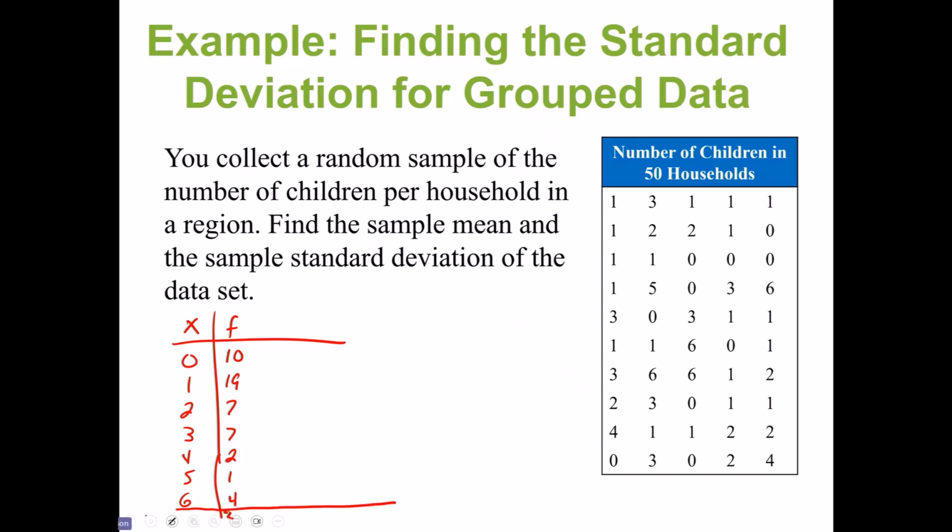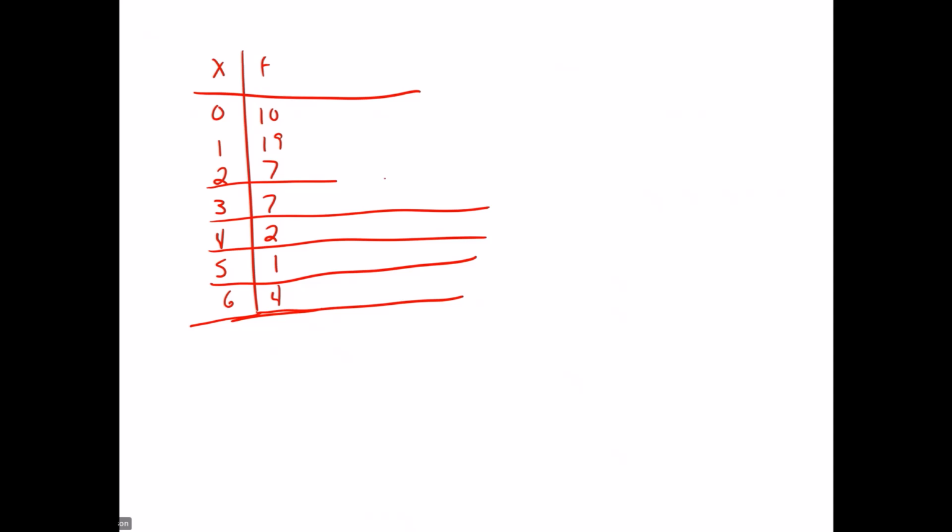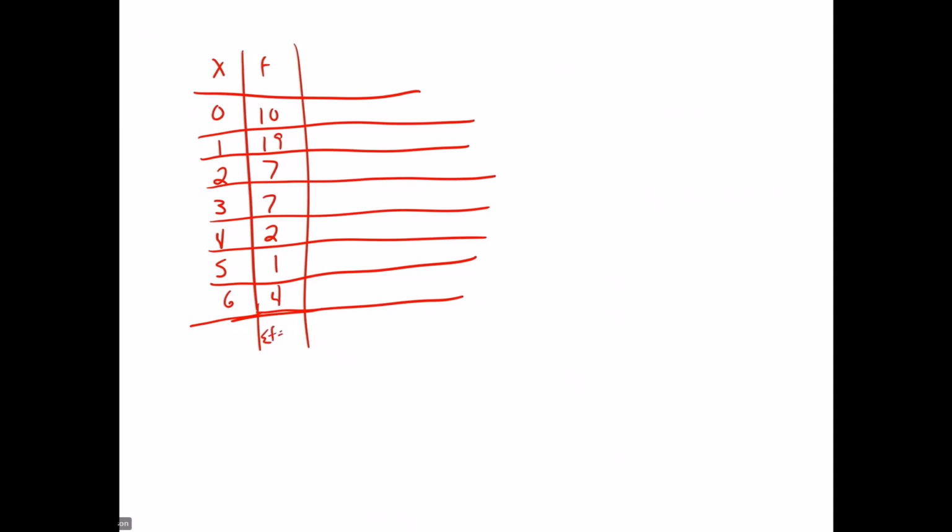And so we need the sum of our frequencies. If we add those up, what do we get? 50, and we should get 50 because we knew there were 50 households.